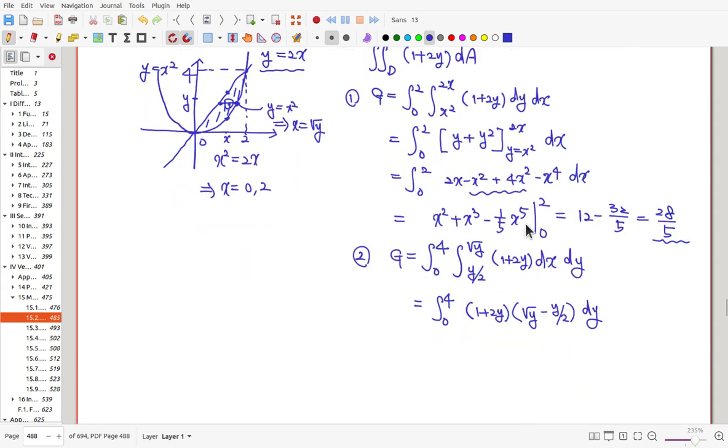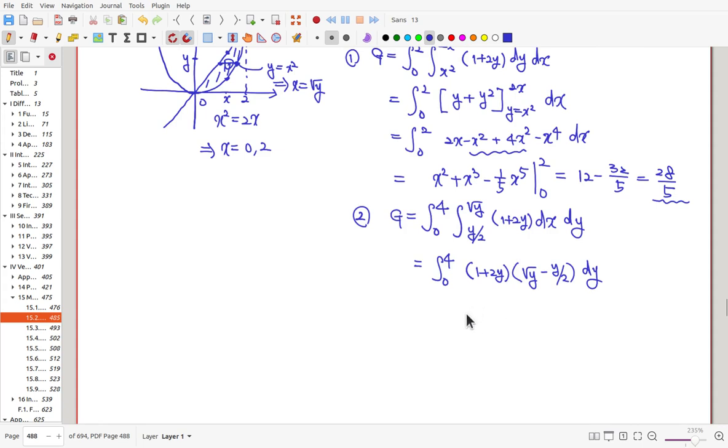This integral is not so complicated. For example, you can expand: square root of y, minus y over 2, plus 2y square root of y, that is y to the 3 over 2, and then this multiplication will make minus y squared, right?